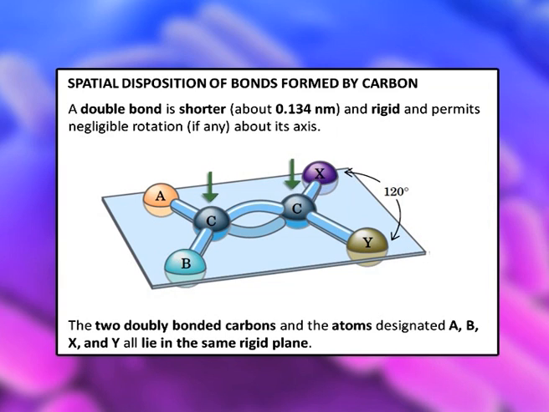And these two doubly bonded carbon atoms and the substituent atoms A, B, X and Y, they all lie on the same rigid plane.